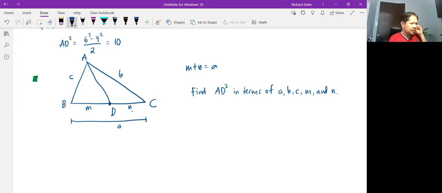Tapos, I have a word problem. So I'm just going to copy and paste the problem statement. Still right there. It's just a word problem. It's not proving. Most of the time, puro proving tayo.